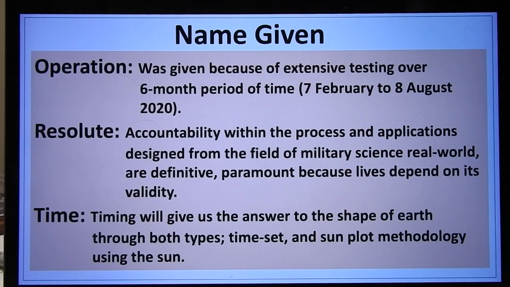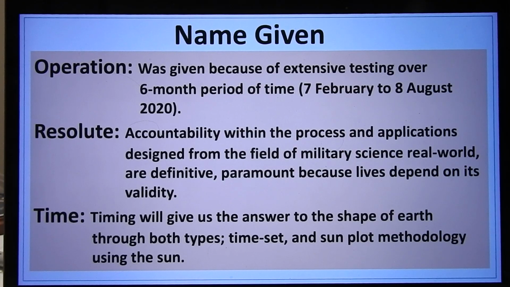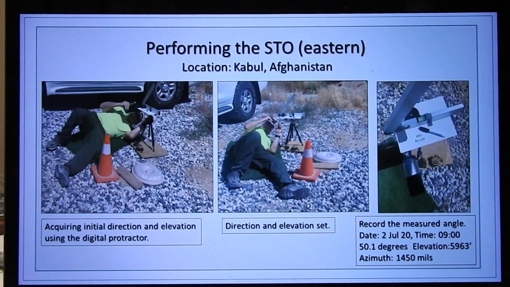Again, real-world applications, not theory. Time will give us the ultimate answer to the shape of the Earth through both time set and sun plot methodology using the sun. So a very correct name and process developed all through that entirety. That's why it was given Operation Resolute Time.